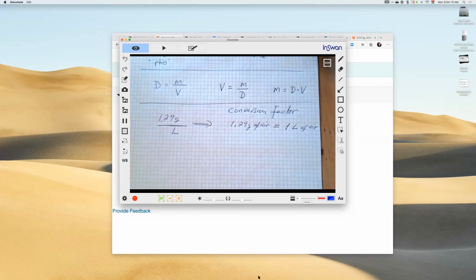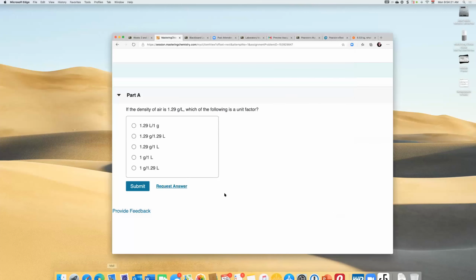Let's take a look at the choices. Which of these can be considered a conversion factor? 1.29 liters per 1 gram? No, we actually are switching them. 1.29 grams per 1.21 liters?